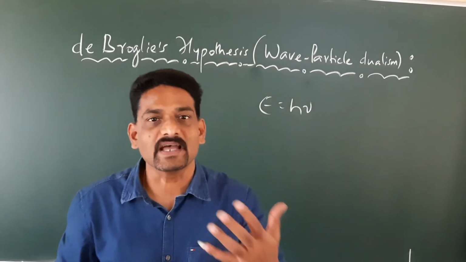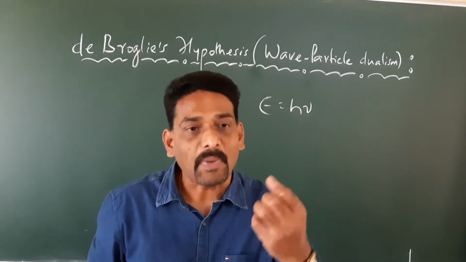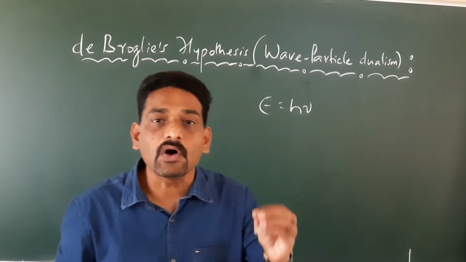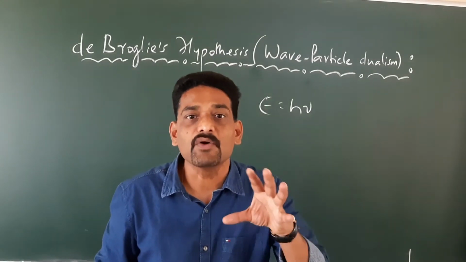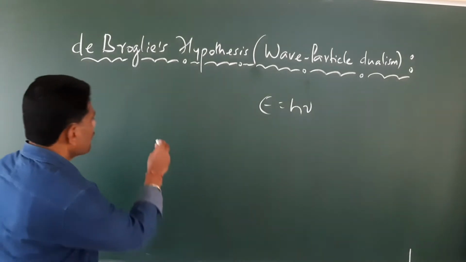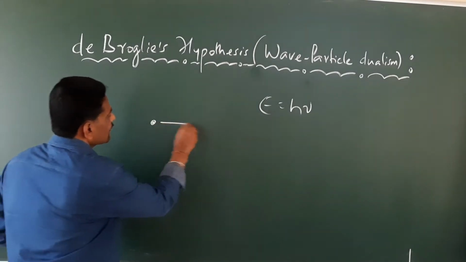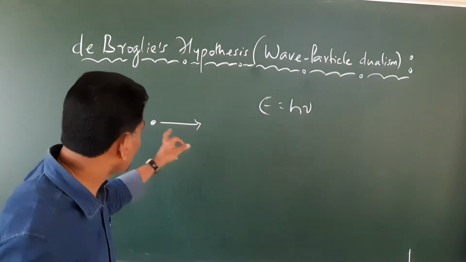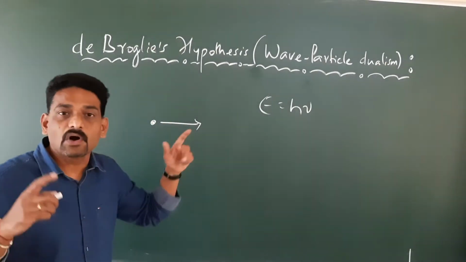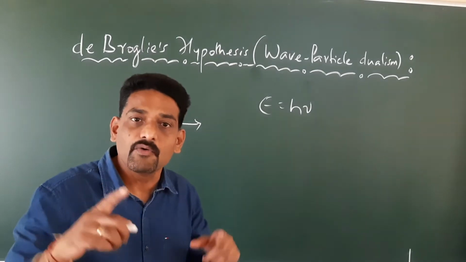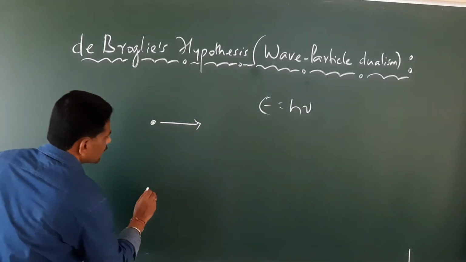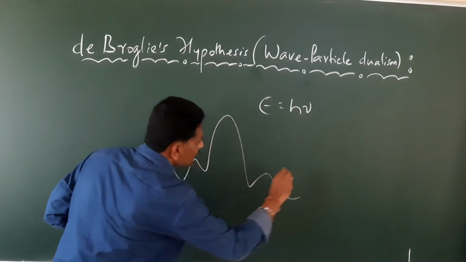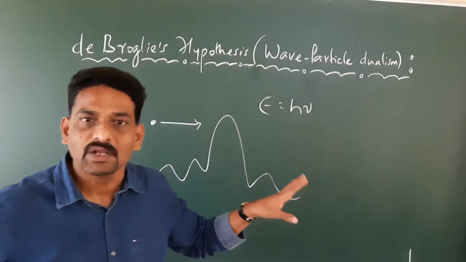And he further says that a particle in motion is always associated with a wave. If you have a particle like an electron or a proton or a neutron, a particle in motion always has a wave associated with it.